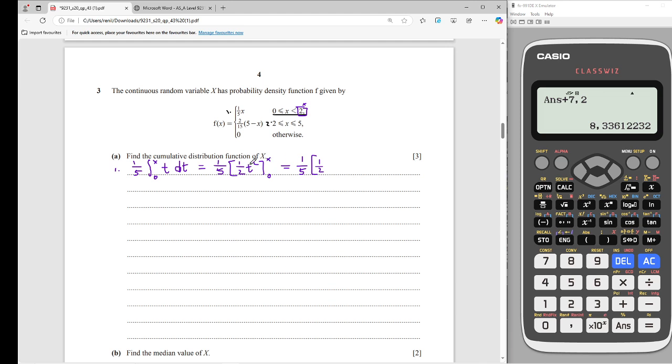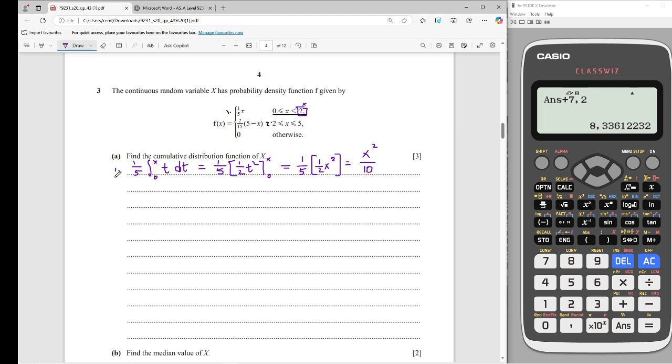When you plug in our upper limit to the dummy variable t, we can put 1 by 2 x squared. And this is subtracted from when you plug in your lower limit into t, which is going to be 0. So we can just close the bracket there. And now we can simplify our entire equation to get x squared times 1 by 10. So that's our first CDF.